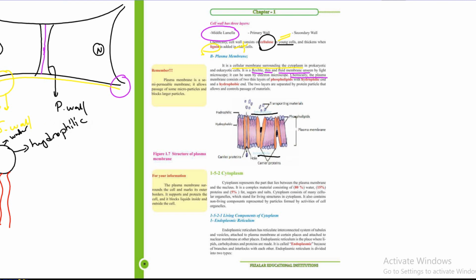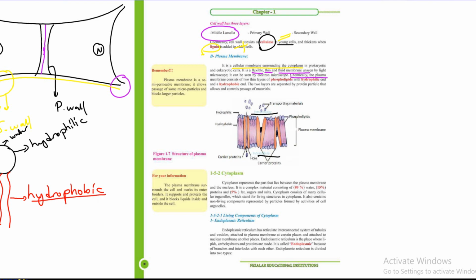But the tail part, which is made up of fatty acids, as we know fat is insoluble in water, does not like water, so we call it hydrophobic. We know phobia is a term we use for something we don't like.